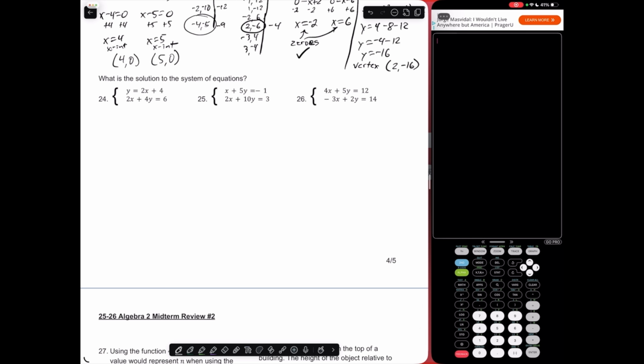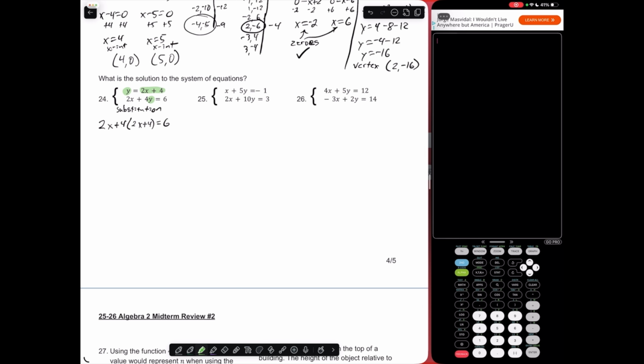All right, solution to the system of equations. Here we have y isolated, so that tells me that I'm going to use substitution. So y being equal to 2x plus 4 means I can plug a y in there. So 2x plus 4 times 2x plus 4 happen to be the same numbers.